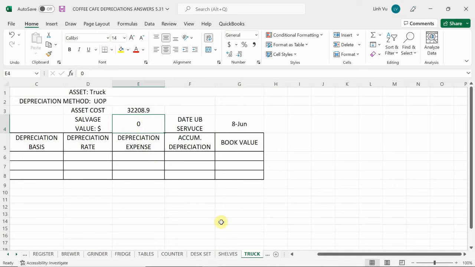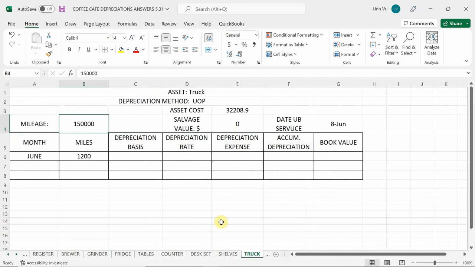What's my salvage value? Zero. And if I am basing it on miles, which method am I going to be using? Units of production. Okay, so in this case, mileage.